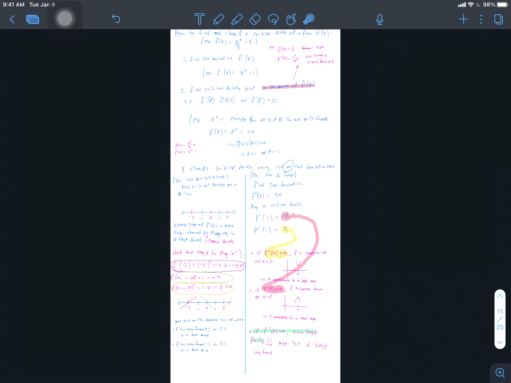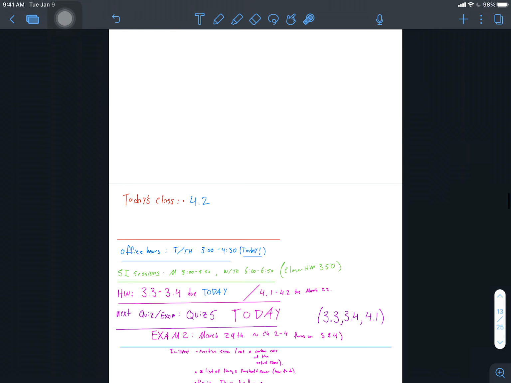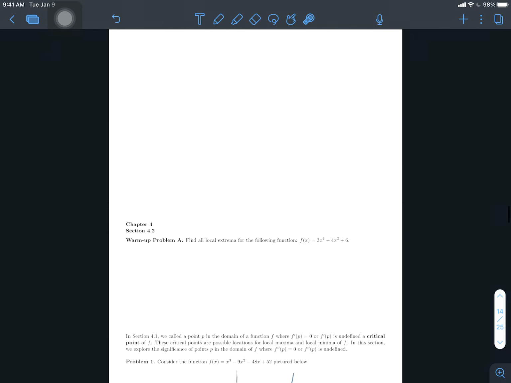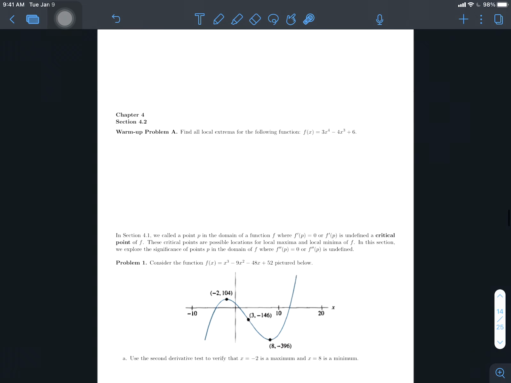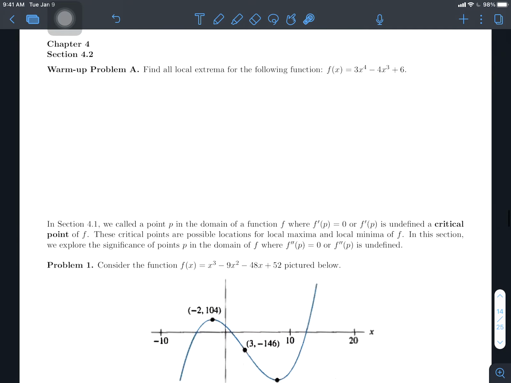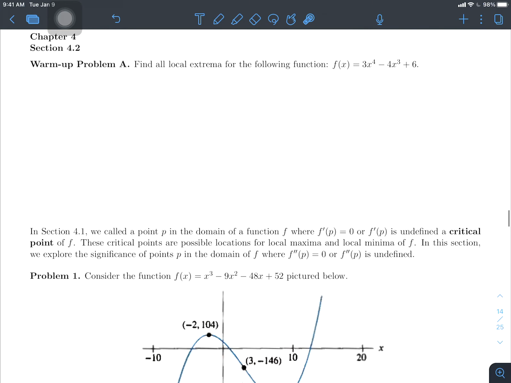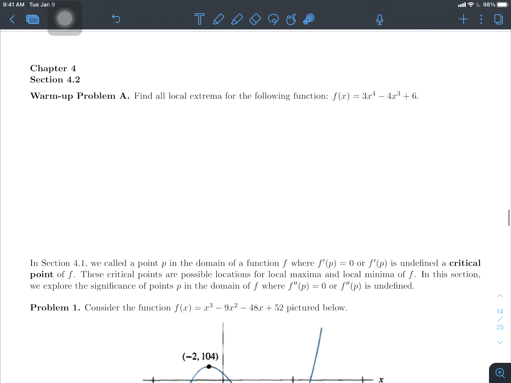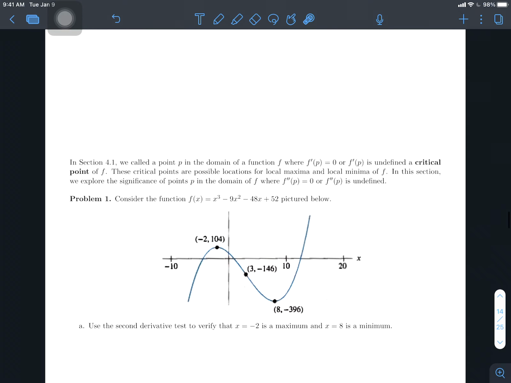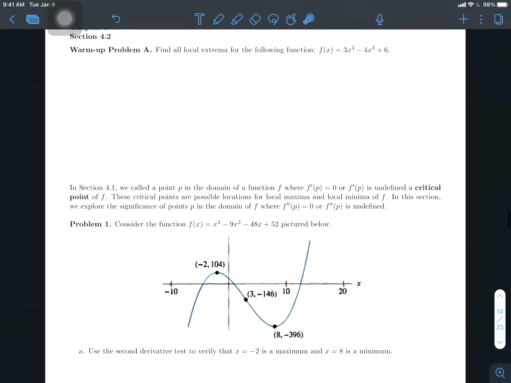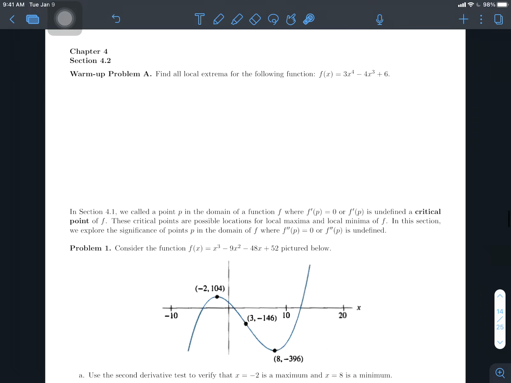All right, cool. Then I'm going to move on now, and let me make sure I have enough time to do this fully. I think I do. I'm going to talk about something else, which I'm only going to comment on briefly. So section 4.2, we have some more extrema problems.